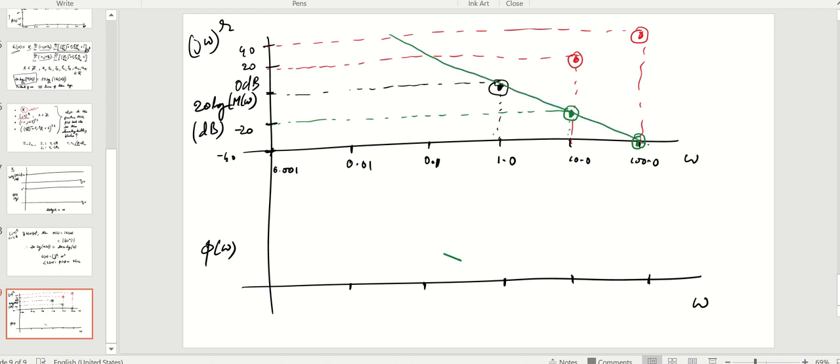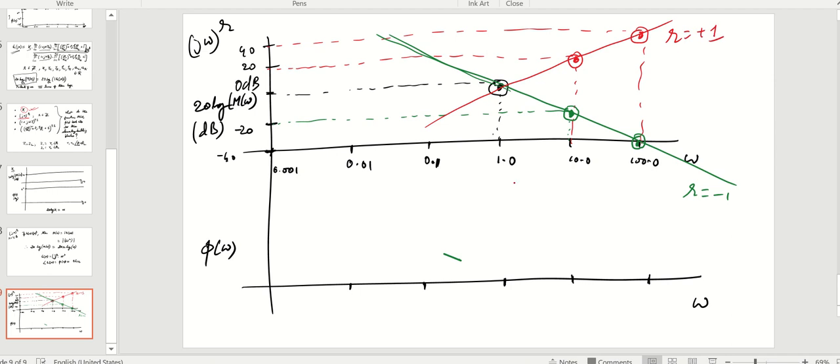Please note that this is a straight line on the log graph, even if it doesn't look very straight from the awful drawing that I'm doing here. So this is for r is equal to minus 1. And for the other one, this is for r is equal to plus 1.